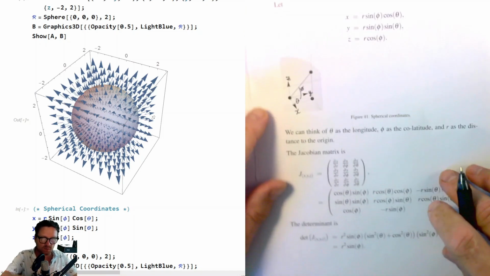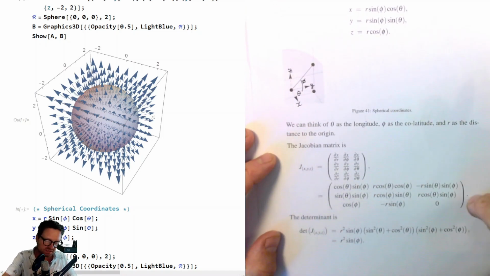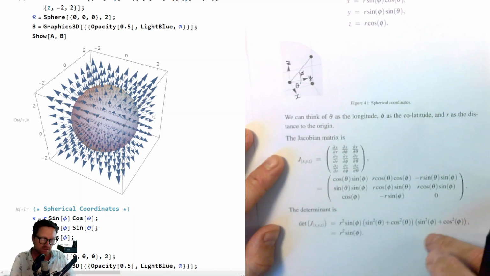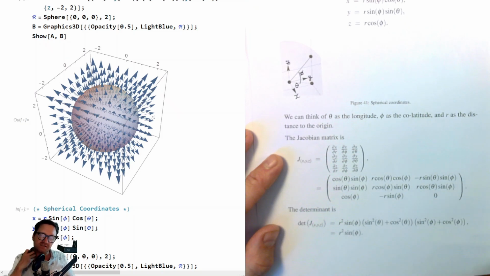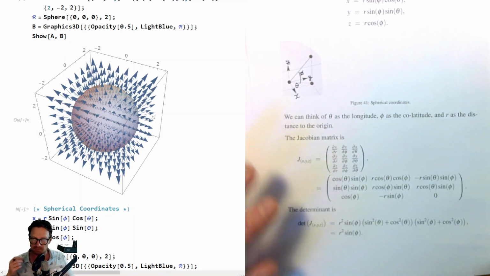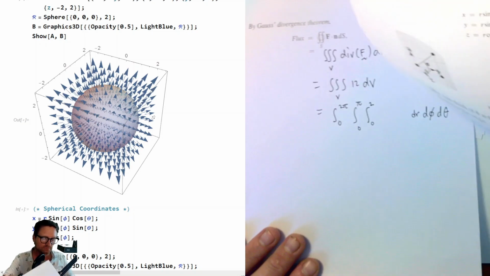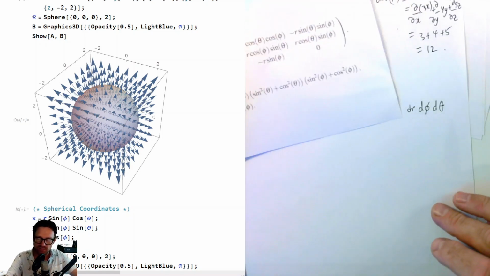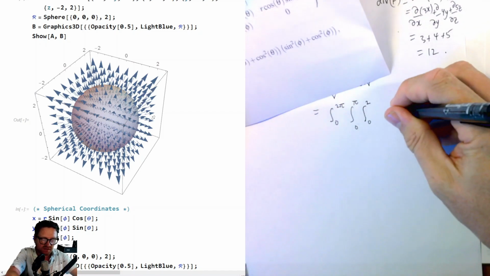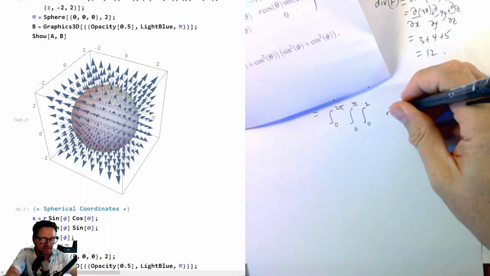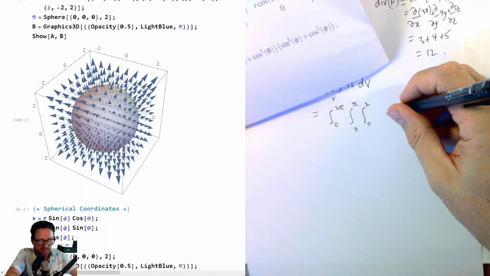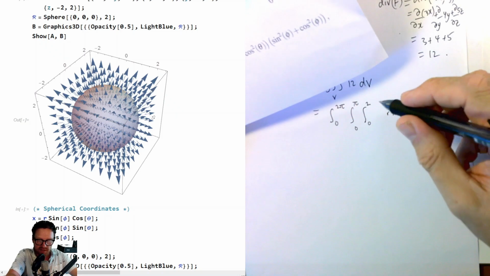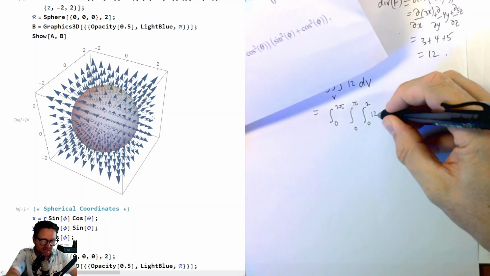Okay, and so when we take the Jacobian matrix, we have this, and then the determinant gives us this, which then simplifies as r squared sine of phi. All right, and so what we need to do then is put r squared sine of phi in here as the determinant of our Jacobian matrix. And then what we're integrating is 12 times that.